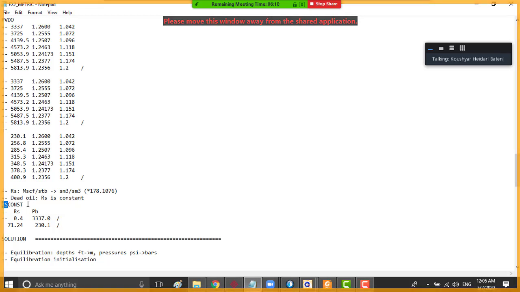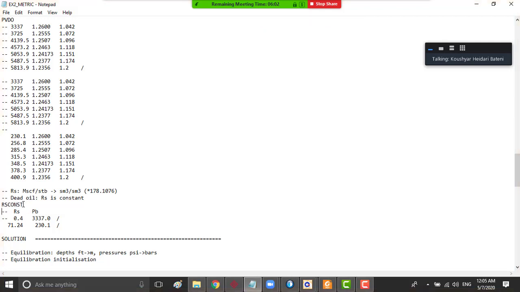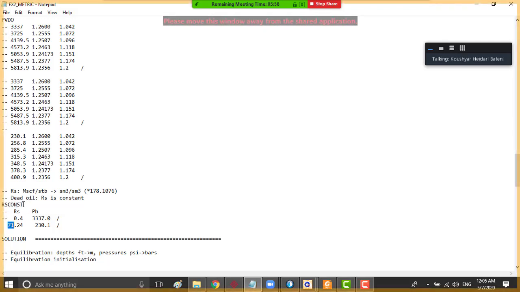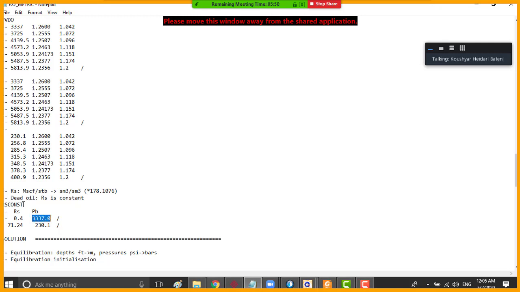Now, when you use this keyword, you're going to see that the amount of solution gas that you have is given to you at the bubble point of the fluid that you have in your reservoir. That is how you input the data for your RS const.